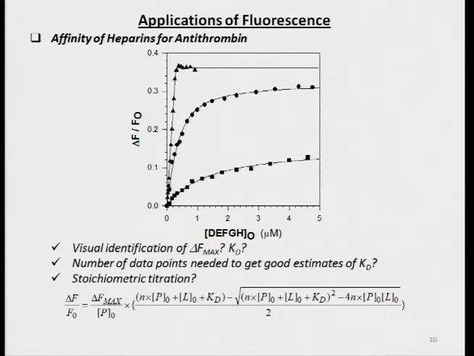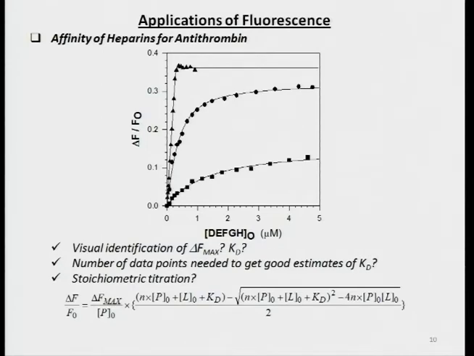This is also useful because not only can you determine the affinity, but you can also determine the stoichiometry of binding. For most purposes, we assume that the stoichiometry is 1, but it may not have to be 1. What do I mean by stoichiometry here? The number of molecules of ligand that bind to the protein, the ratio of protein and ligand. For example, if the protein has several subunits, you might have 2 subunits, each recognizing a ligand.